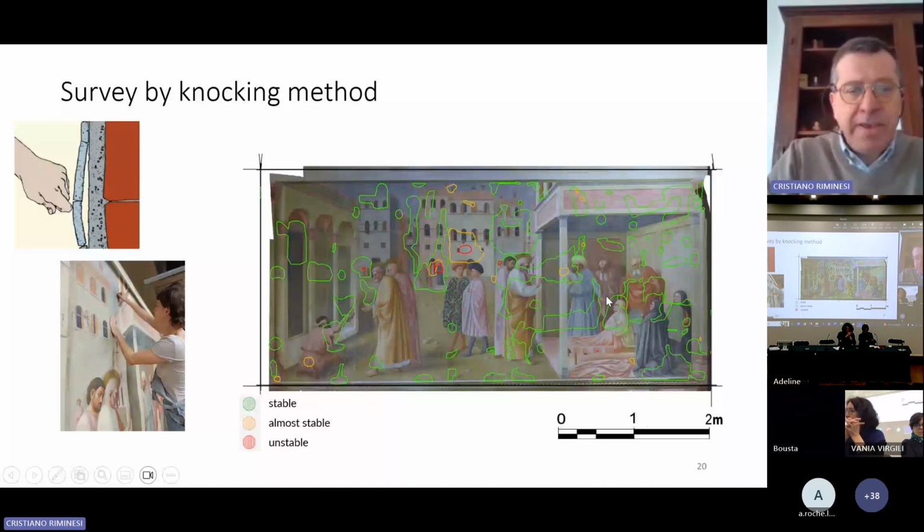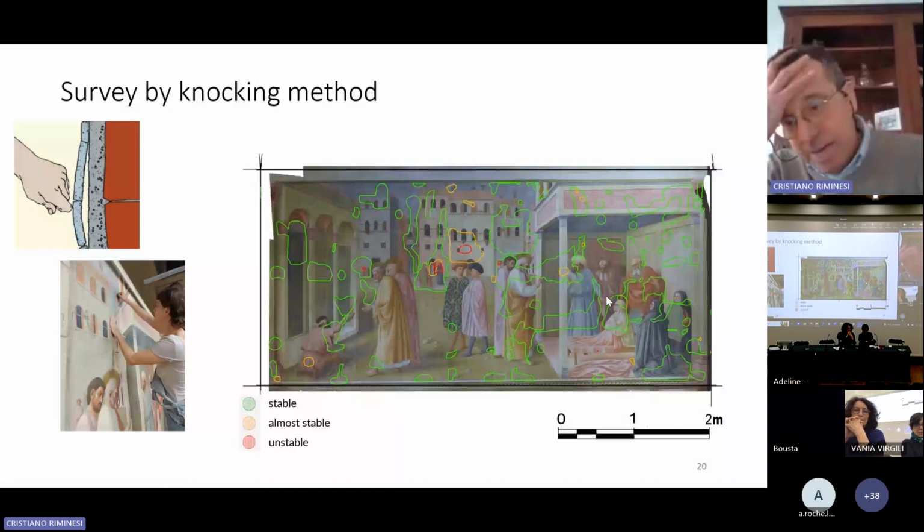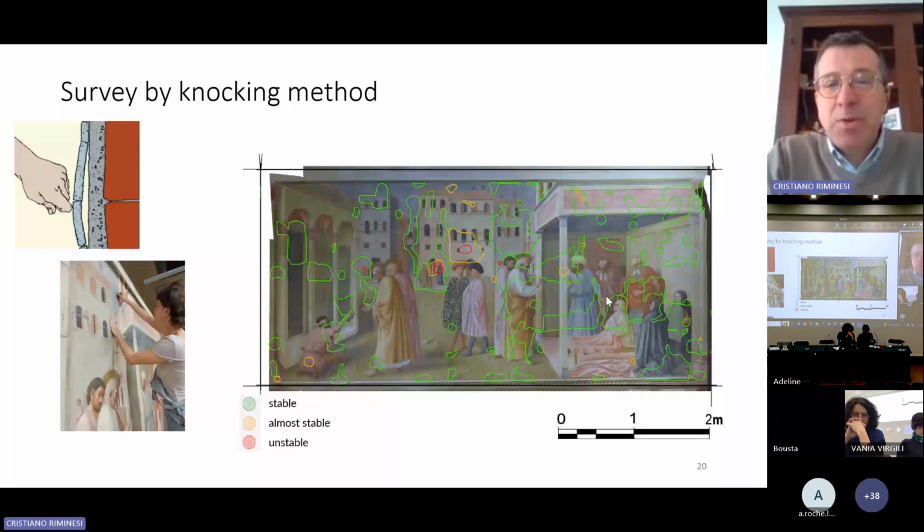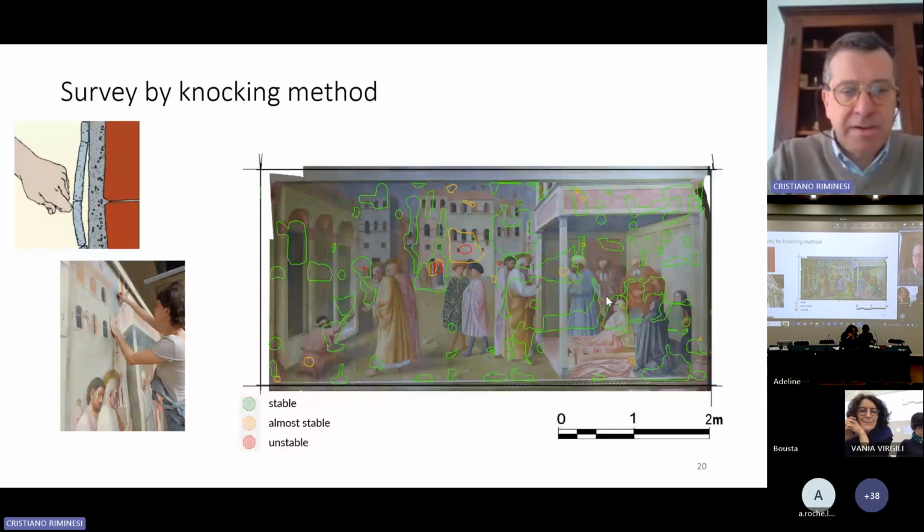Actually, the survey of detachment problems on frescoes is made by the knocking method, and so it is not an objective practice. The result depends on the sensitivity and the experience of the restorers.